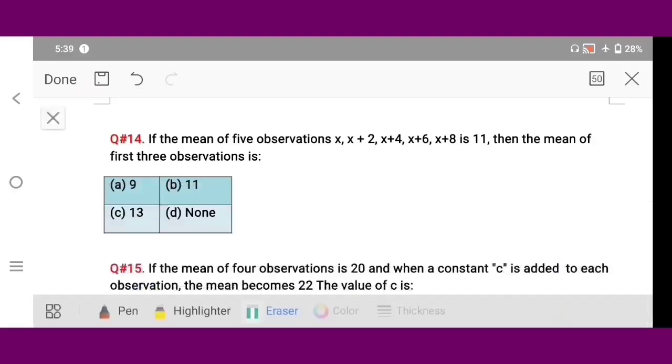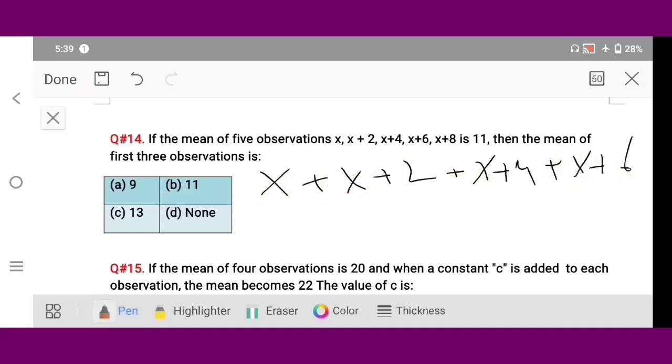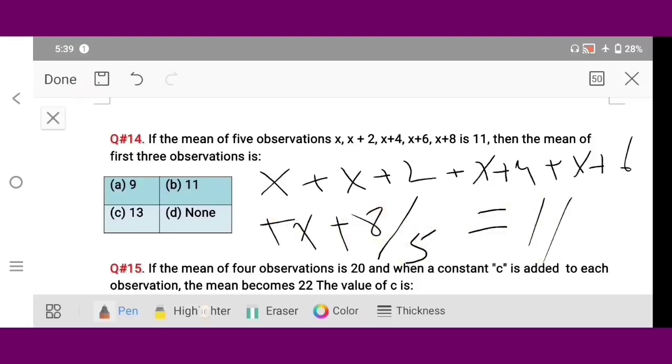So let's solve this. We have 5 observations, x, x plus 2, x plus 4, x plus 6, x plus 8, and this will be divided by 5. It gives 11.